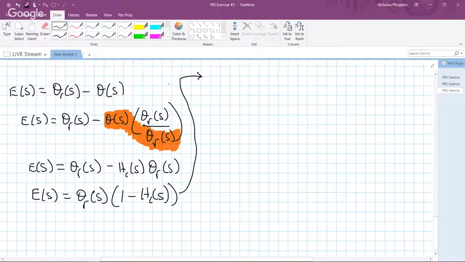Now I'm going to plug in what everything actually is. We're assuming that the inputs are initiated by step responses.